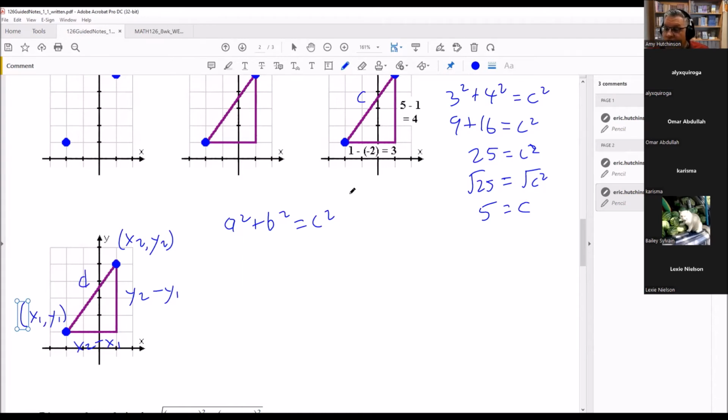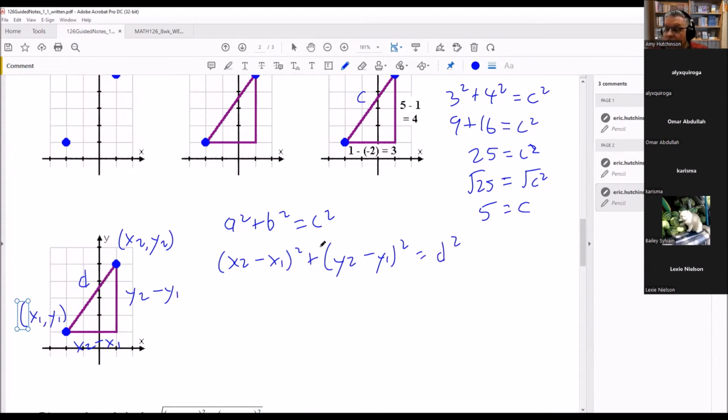So if I put this all into the Pythagorean theorem formula, I'm going to get x2 minus x1 squared, and then I have y2 minus y1 squared, and instead of a C, I'm going to use the D that I have here, and I have D squared from that. So that's using the same formula I had from before.